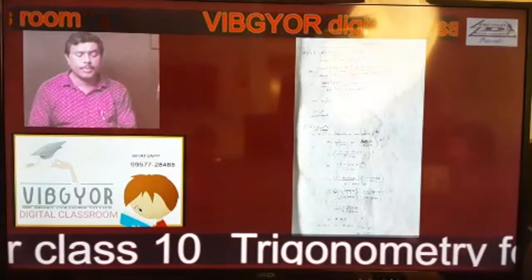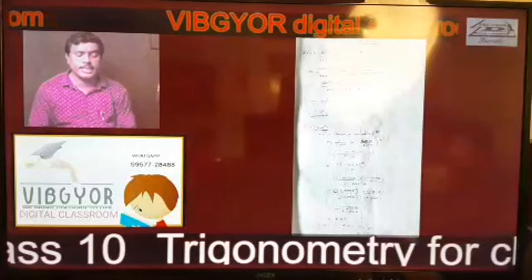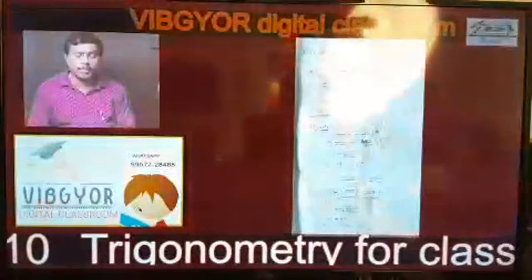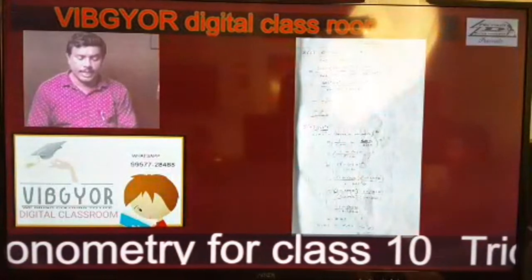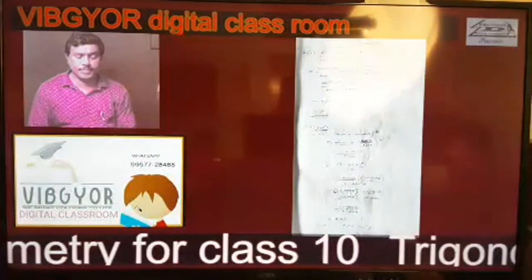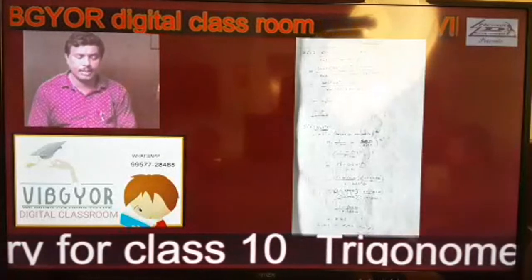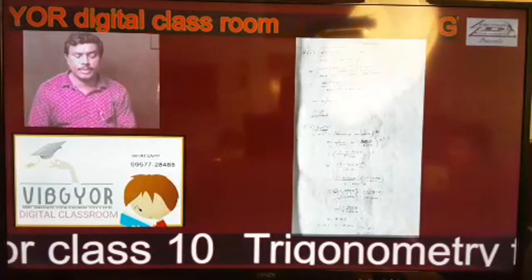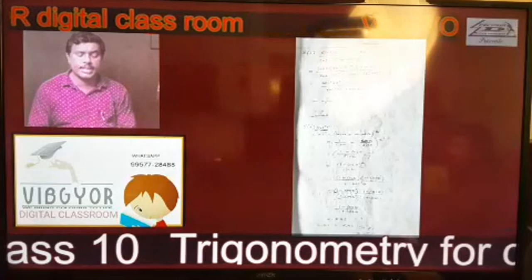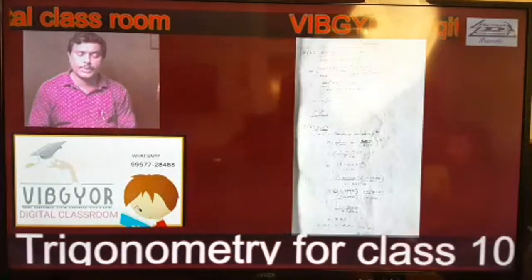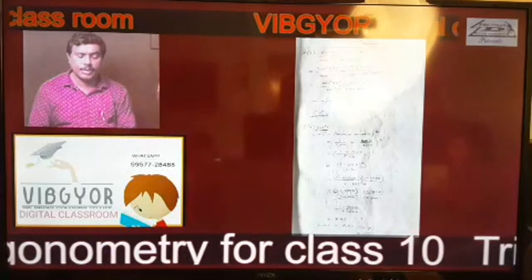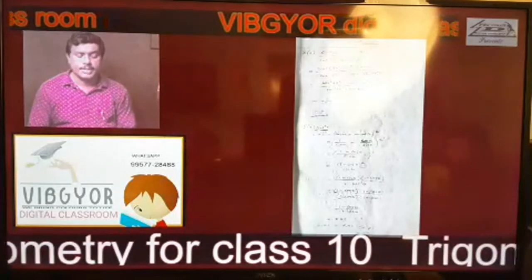In place of cosec theta, we are writing 1 by sin theta, and in place of cot theta, we are writing cos theta by sin theta. Then we have to take the LCM, which will be sin theta. So within the bracket, we have 1 minus cos theta by sin theta whole square. 1 minus cos theta whole square is in the numerator, and in the denominator we get sin square theta.